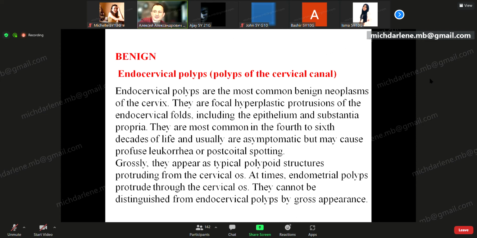Could be polyps of the gastrointestinal tract, could be polyps of the stomach, could be polyps of the rectum, could be polyps of the endometrium. Same story with the cervical canal. Could be just proliferation of the epithelium inside with the formation of a specific type of hyperproliferative complex of mass. Formation of the mass has the name polyp.